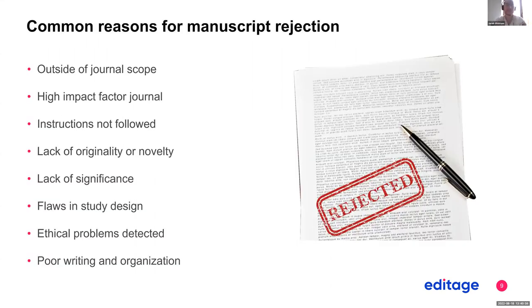Some of the common reasons for manuscript rejection include being outside the journal scope, or it may just be a high impact factor journal. They typically have very high rejection rates. One of the biggest reasons for rejection is lack of originality or novelty. Most journals want to see novel research, that something is new.